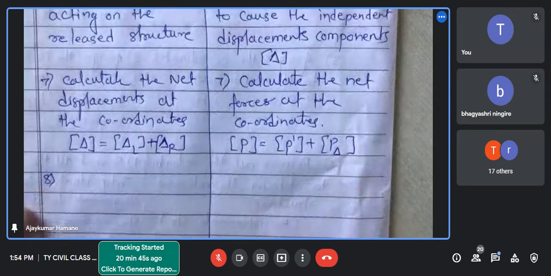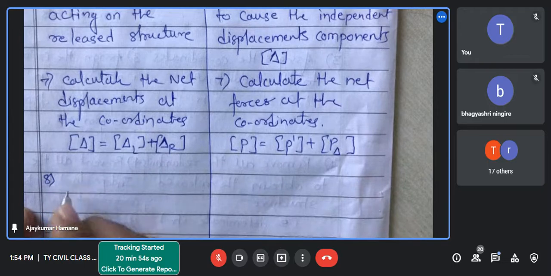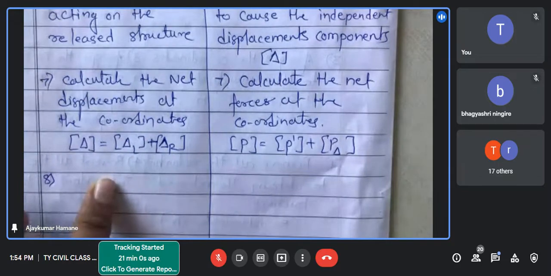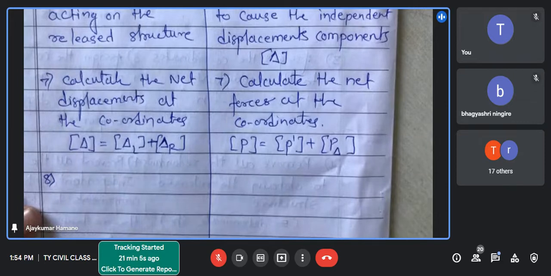Eighth step: using the condition of compatibility of displacement, calculate the redundants. That's why this flexibility method is also known as the compatibility method. So what is that?